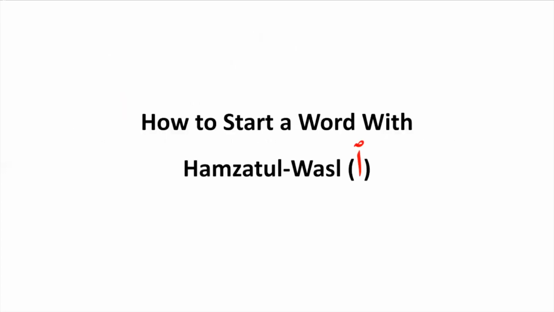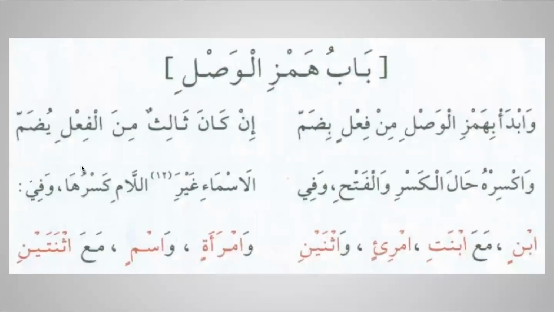The next section we're going on to now is how to start a word with hamzatul wasl at the beginning. So now we're in Babu Hamz al-Wasli. Ibn al-Jazari says, وابدأ بهمز الوصل من فعل بضم إن كان ثالث من الفعل يضم واكسره حال الكسر والفتح.